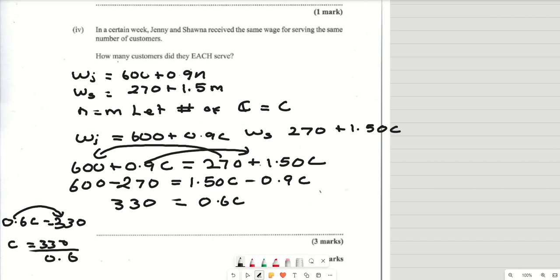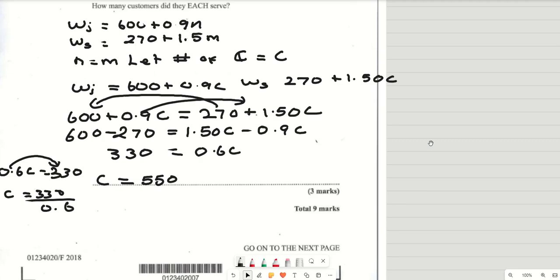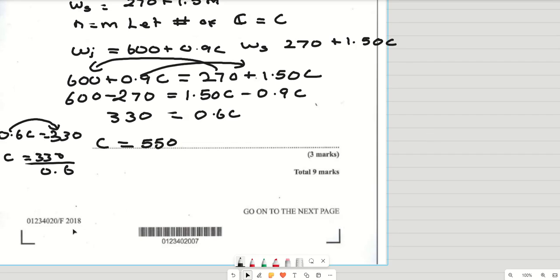Using a calculator, the number of customers will be equal to 550 customers, and that is how you would do this question. And I think, yes, that is the end of May/June 2018, number 1.